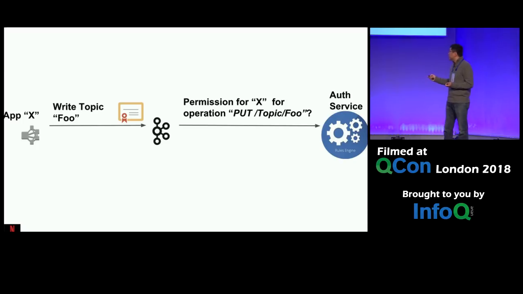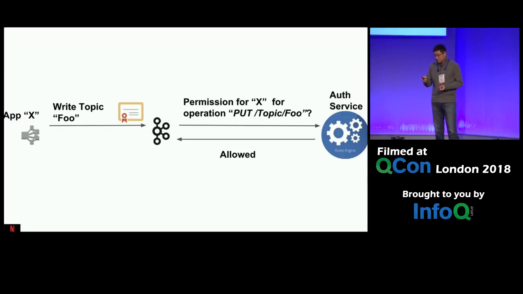And here, we map the write topic operation to the HTTP method PUT, followed by a path /topic/foo, because that's the only thing that our auth service understands. So let's say the auth service returns a yes on this question. And our broker can then accept that produce request and write the data into the log and then send the successful ACK back to the producer. And that completes the authentication and authorization for our Kafka operation.